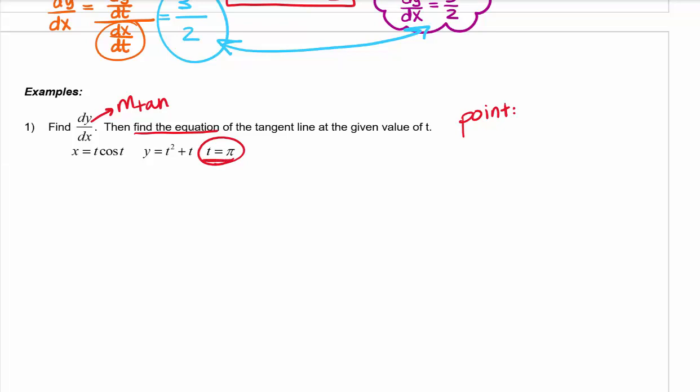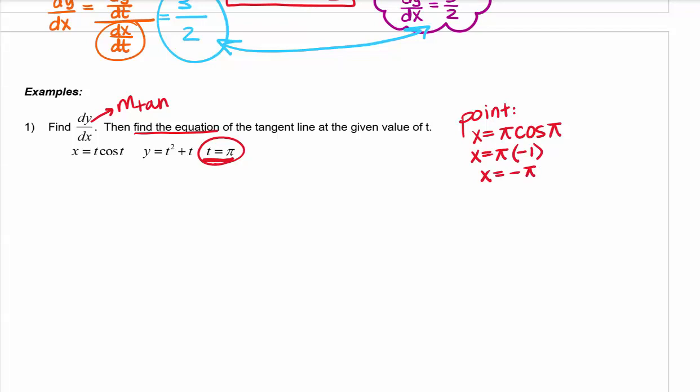So if t is pi, x is going to be equivalent to, use the equation that you were given for x, t cosine t. So it's going to be pi times cosine of pi. Cosine of pi is -1, so the x value of my point will be -pi.